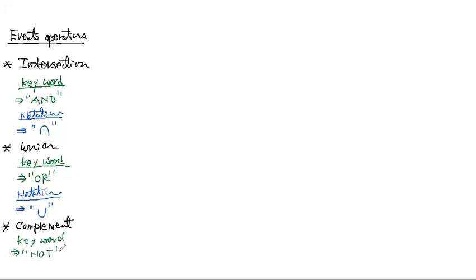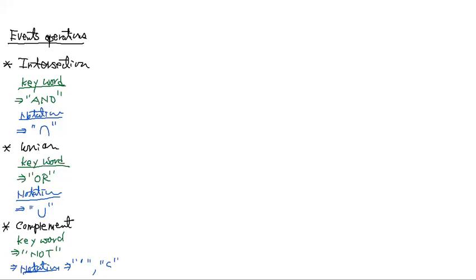That means not A or not B. And the notation you will see here, typically you will see a prime, or some books use a C to that. Okay, so let's try to write it.